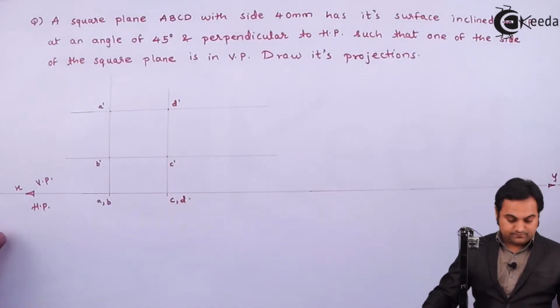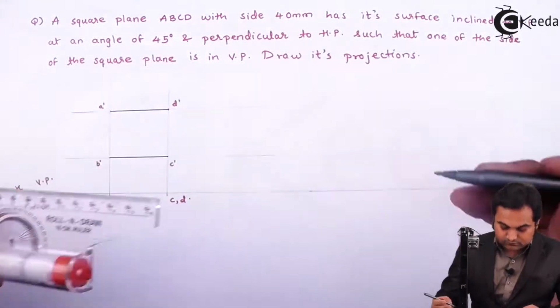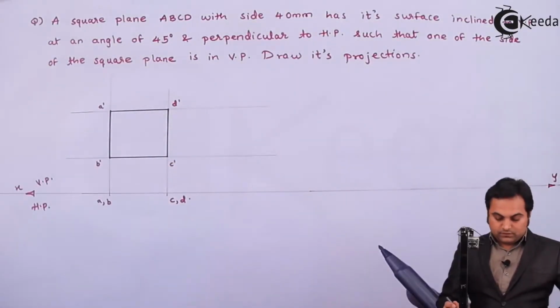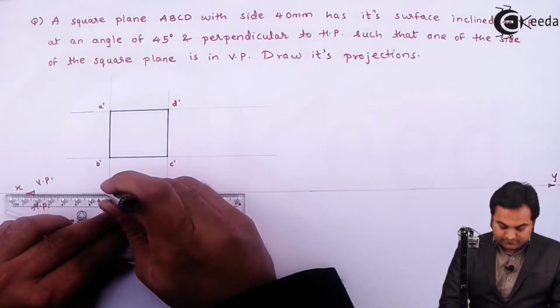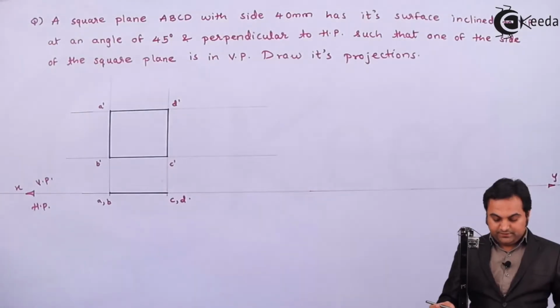I'll make it dark. So this is the front view of the square plane, and here is the top view appearing as a line.